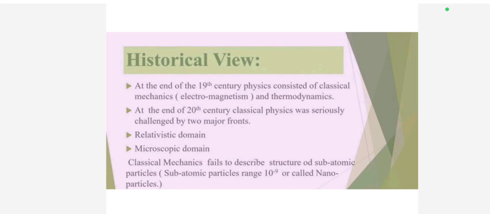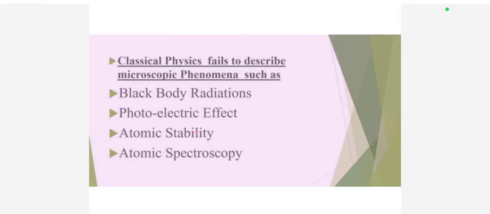Classical mechanics failed when the nucleus explained the structure, subatomic particles, and etc. Classical physics failed to describe microscopic phenomena such as black body radiation, photoelectric effect, atomic stability, and atomic spectroscopy. First, what is the term black body radiation?